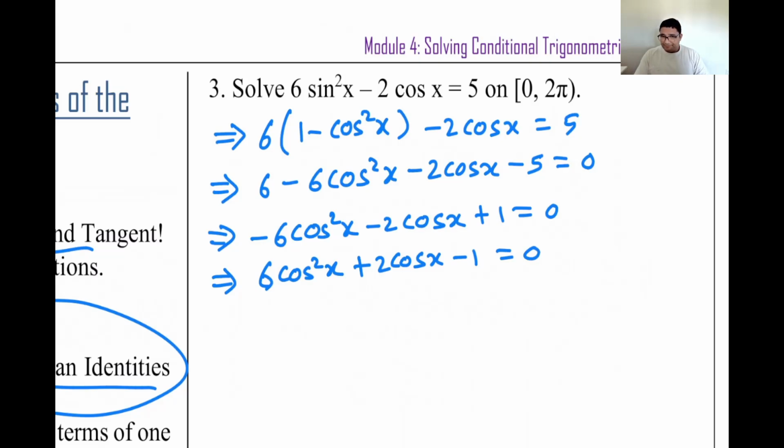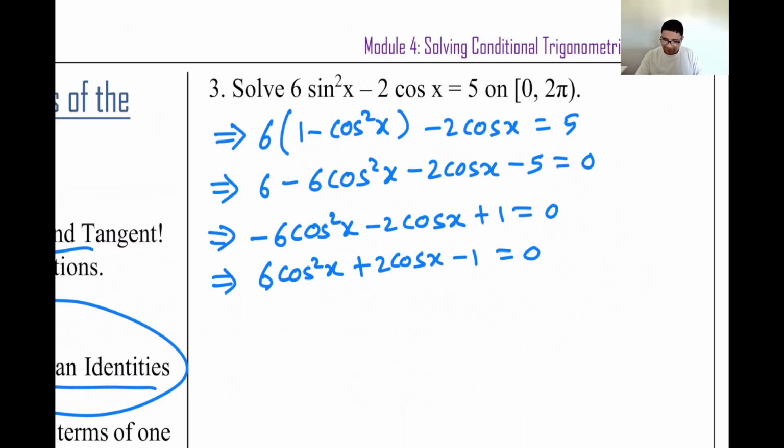Okay. ax square plus bx plus c equal to 0. If you can see how to factor it, go ahead and do it. If you don't see it, use the quadratic formula. Okay. I will use the quadratic formula for the convenience of most of you watching it.